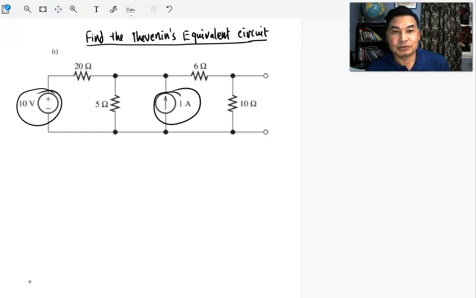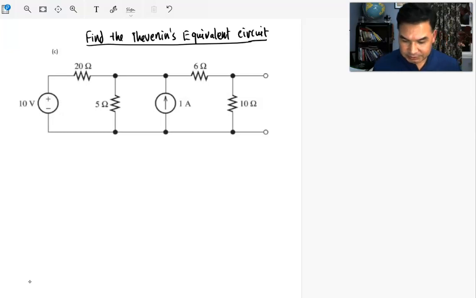And remember, just a quick reminder, you can convert this whole complex circuit into just a single voltage source with a series resistor. And that's called the Thevenin's equivalent circuit. So let's get started. If you remember the trick, there's no load resistor placed here.